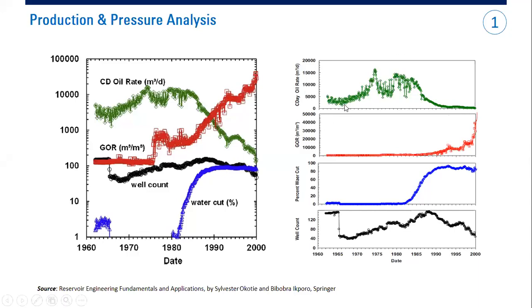As you can see, first in the early production life, I have an increasing oil flow rate, and then it stabilizes, and then lastly it declines, maybe naturally or maybe because of other things. And you can see your GOR is practically zero, and then after that it jumps dramatically, and also your water cut, and this is the well count. So you need to look at all your wells, you need to look at your reservoir, and then make recommendations from that.